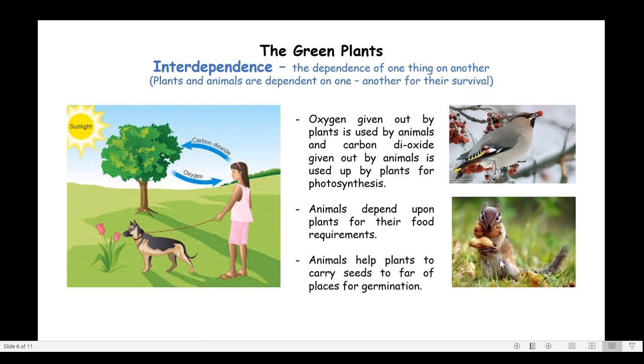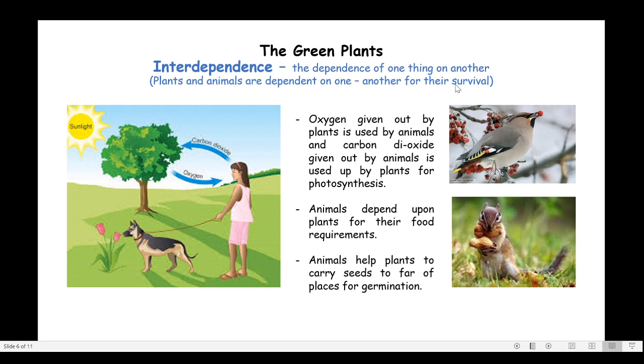And next is that animals help plants to carry seeds to far off places for germination. The term germination we have done in class 3 also. Germination is when the seed produces a seedling, that process is called germination.